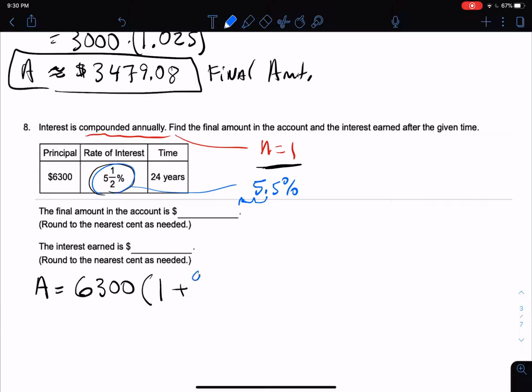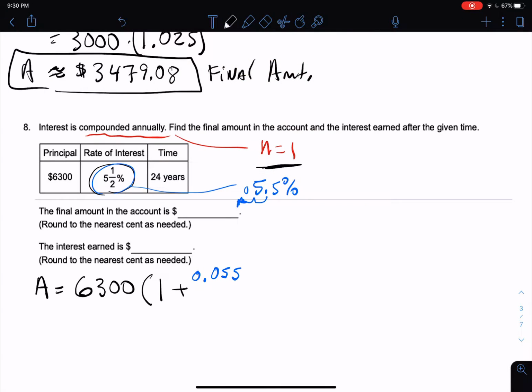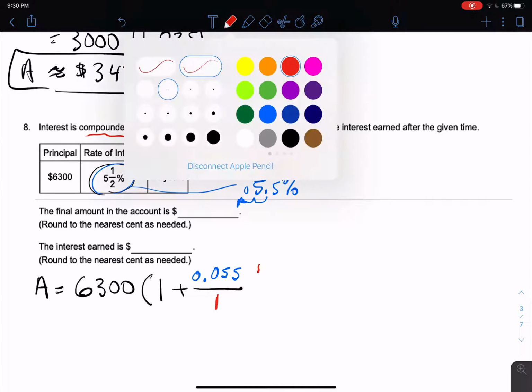So 0.055 is what that 5.5% amounts to as a decimal, divided by our compounding periods, which was just 1, which is very easy to deal with.